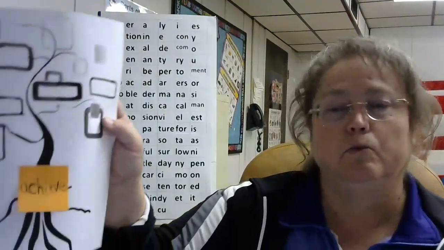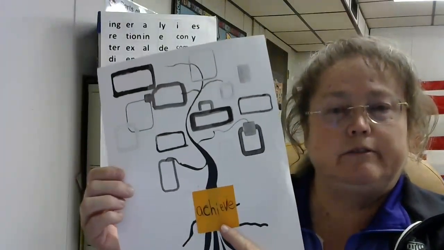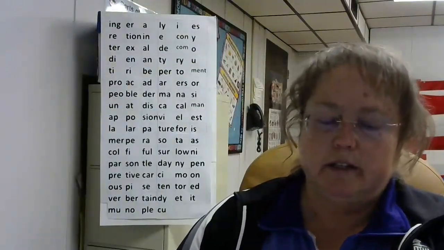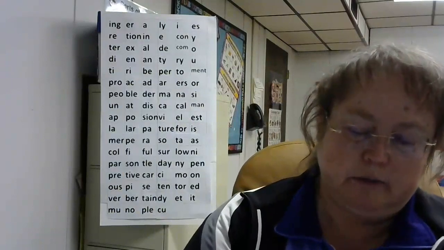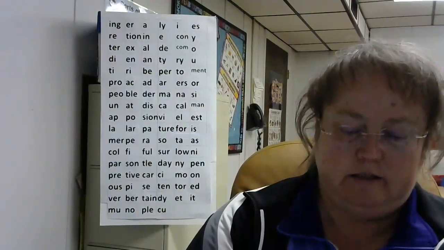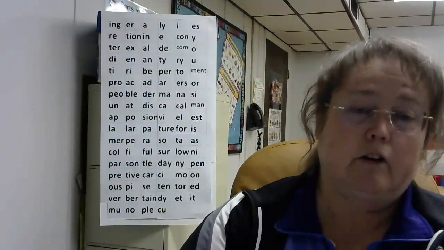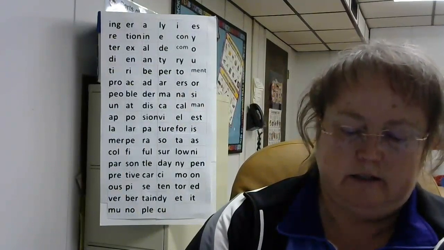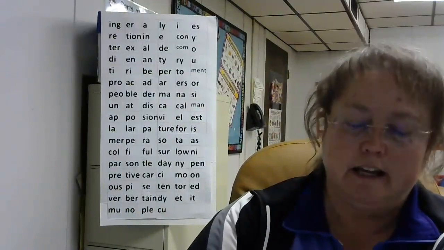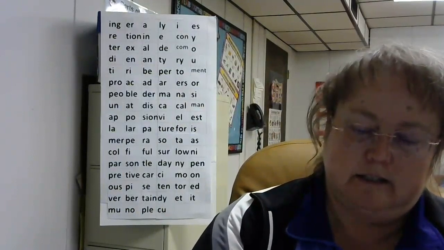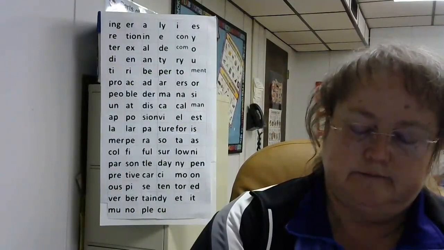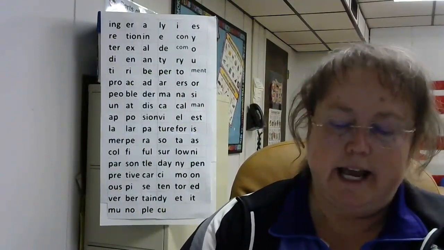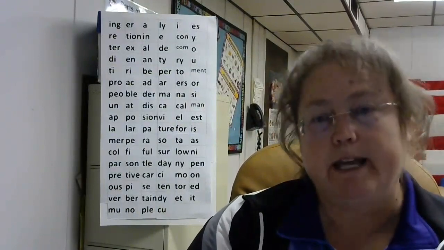The next word is achieve. The root word is achieve. Some of the family words could be achieves. These are all verbs. Achieved, achieving, and then a noun would be achievement.